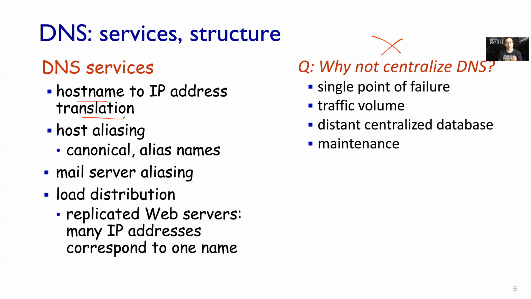But it also does a lot of other things like mail server aliasing, because remember, for example, UNSW has its own web server, www.unsw.edu.au, but we also have z blah blah blah at unsw.edu.au mail addresses, right? Which means there's a mail server for unsw.edu.au and there's a web server for unsw.edu.au.